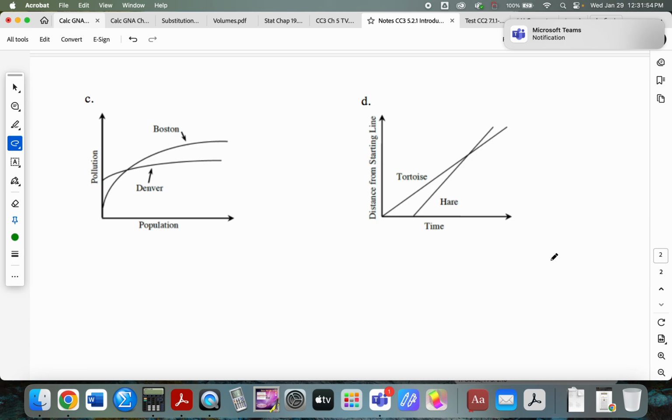Please see if you can write an explanation for the point of intersection for these two. Feel free to talk to your partner.